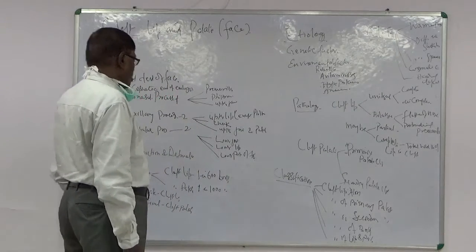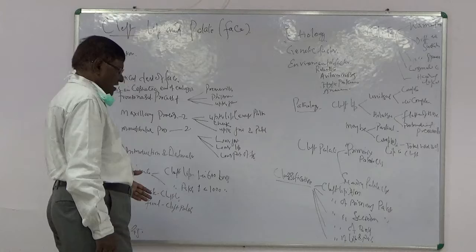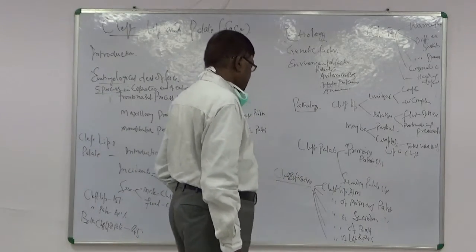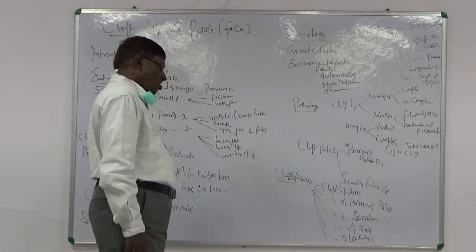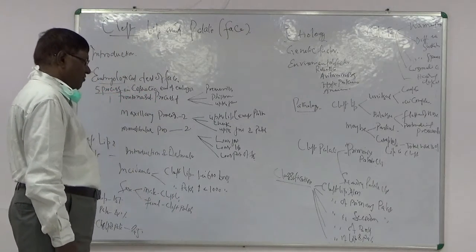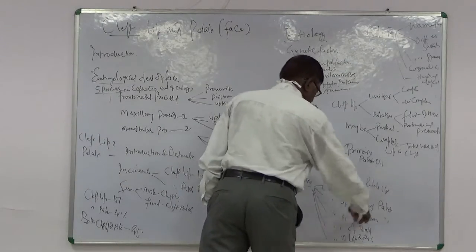So now how will you classify the cleft lip? It can be classified as, first, cleft lip alone, where only the lip is cleft and there is no abnormality or cleft of the palate. Second, cleft of the primary palate only.